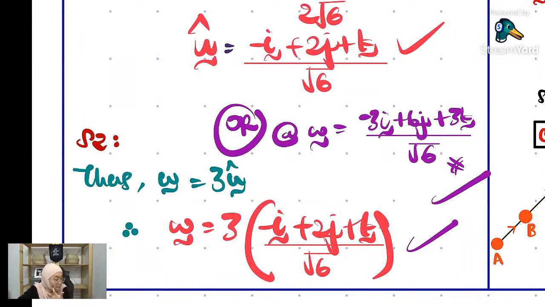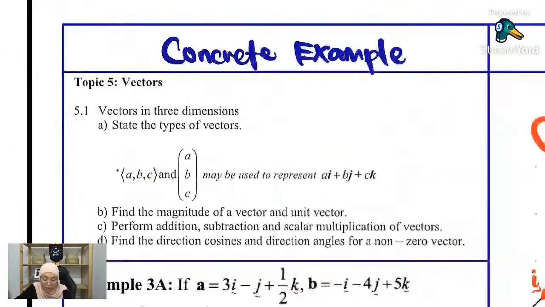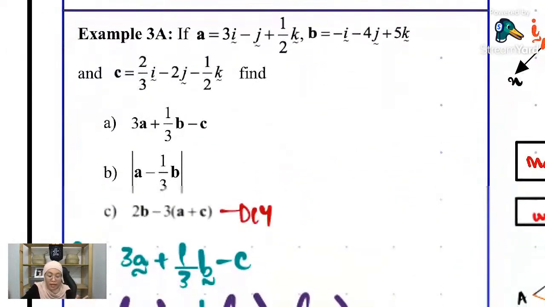Both forms of the answer are no problem. You can write both. Both answers are the same anyway, whether you bring it out or not. Okay, so we are done here, the first two examples. Let's go to the third example.